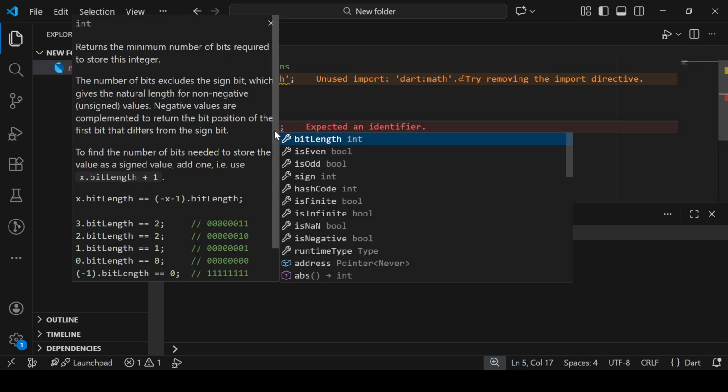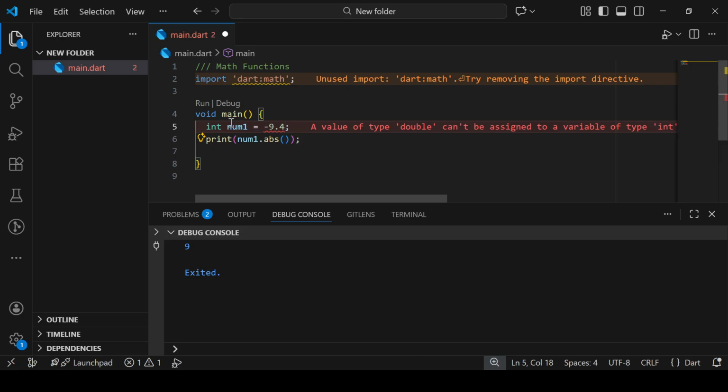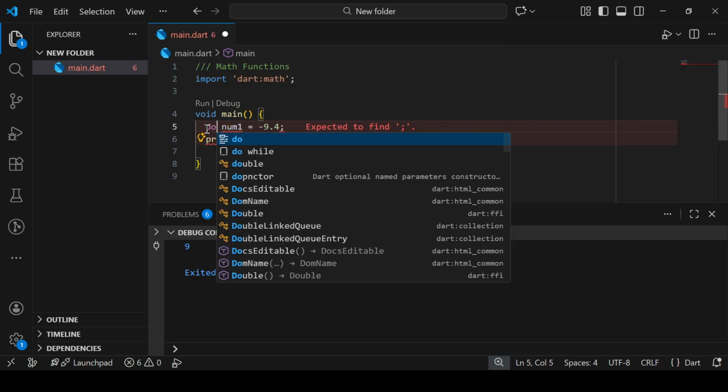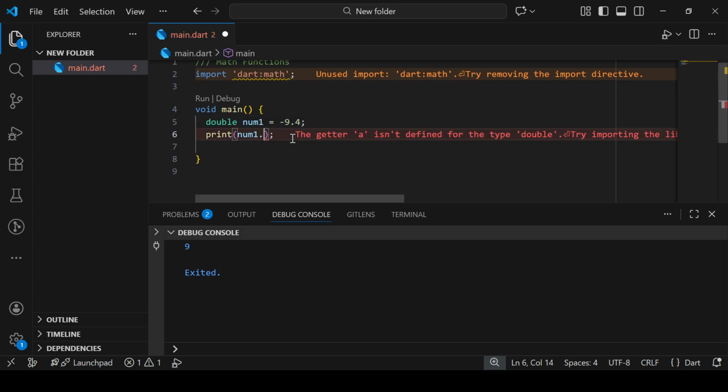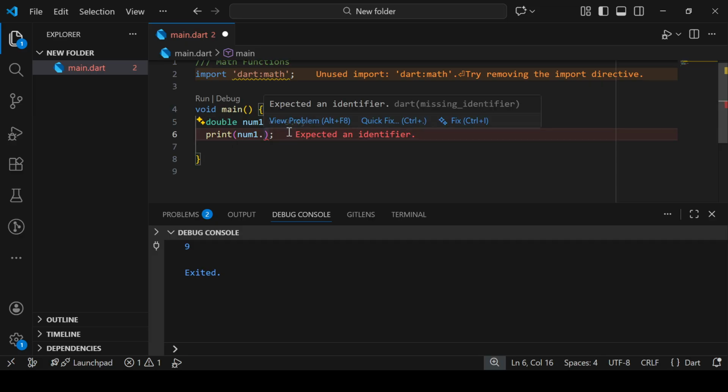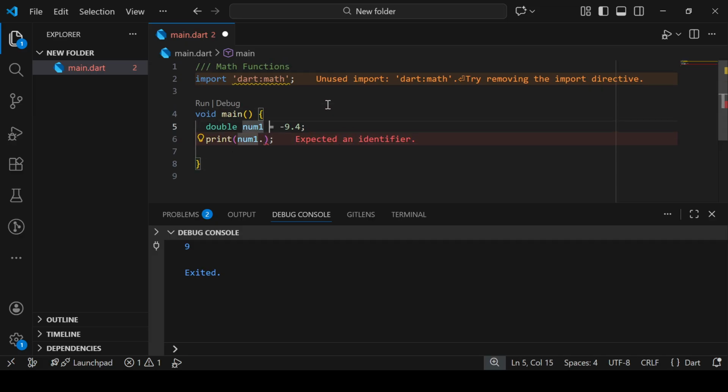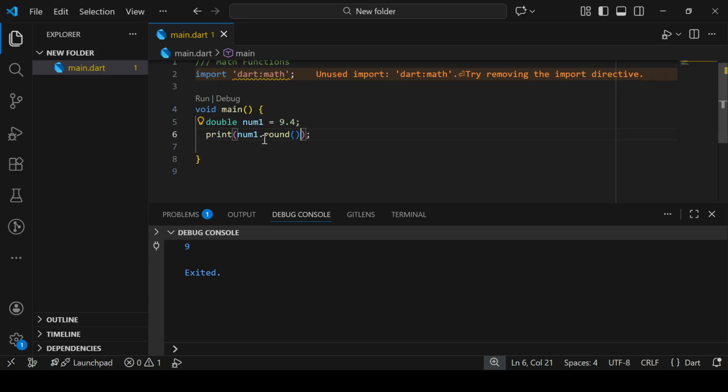Okay, so now if you want to round to the nearest whole number, you can do it also. If I write here 4, I just change it to double. Here I remove this one and use round. Now here you can see the 9 is printed, and I stored this number 9.4 because it rounds this number to 9.